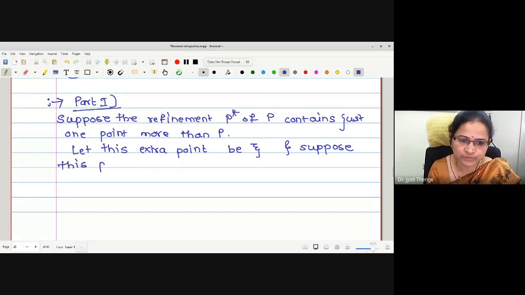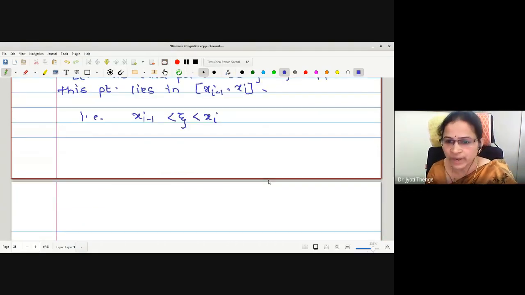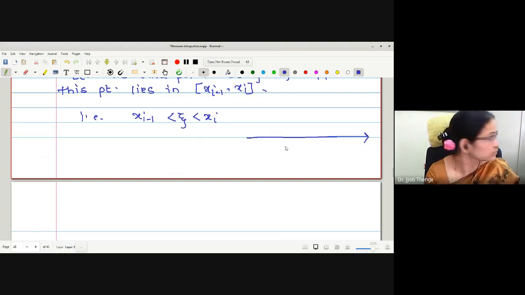Suppose this point lies in the ith subinterval. What are the coordinates of the ith subinterval? x_{i-1} to x_i. That is, we have written x_{i-1} strictly less than zeta, strictly less than x_i. I will show you here how we have the partition.